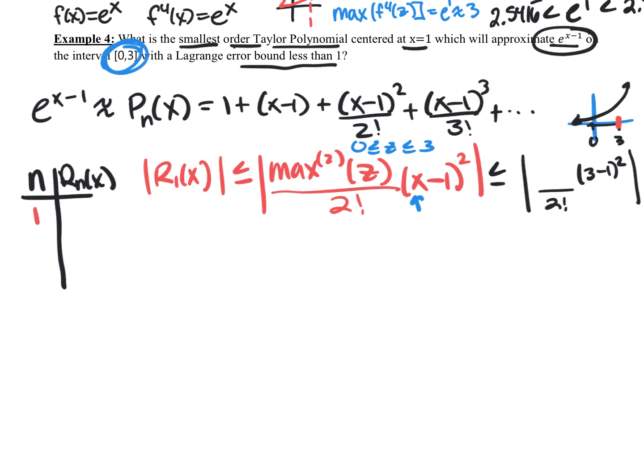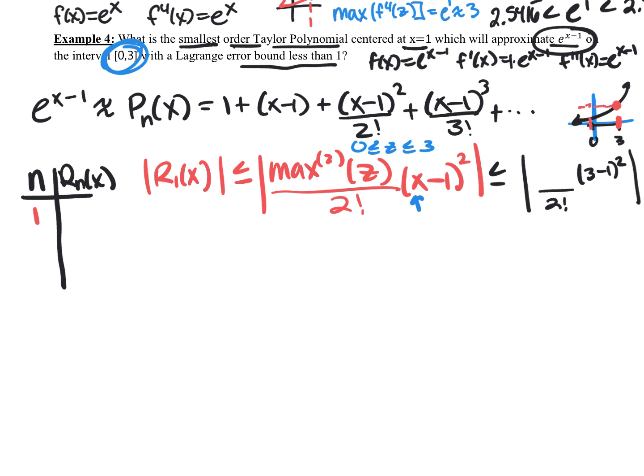We have our 2 factorial. So then the question is, what is the maximum value of the second derivative? Well, if we look at e to the x minus 1, the derivative of that will be e to the x minus 1 times the derivative of the top, which is just 1. So it's just e to the x minus 1. So the second derivative will be e to the x minus 1. And so the maximum on this interval of e to the x minus 1 is going to be at this highest point.